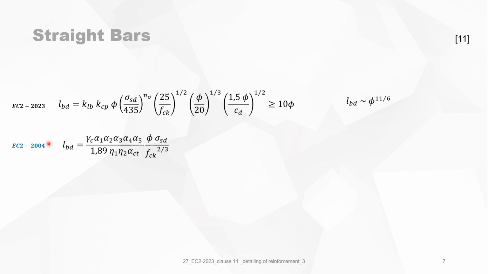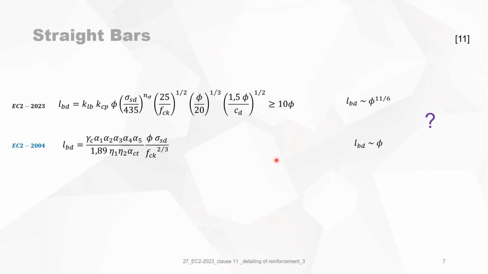We look now at the formula of version 2004. Then you have the different coefficients. When the coefficients are fixed, then you will see that LBD is proportional to the diameter. So there's a huge difference between the two. Of course, some of the coefficients alpha are also a small function of phi, but that will not change the overall relationship which is here.